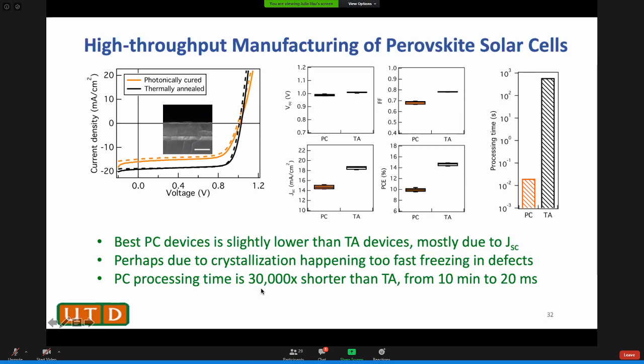Then he's putting it into our PulseForge tool. This is the precursor film. I show you the UV-vis, that's very low. And then you see it converted.